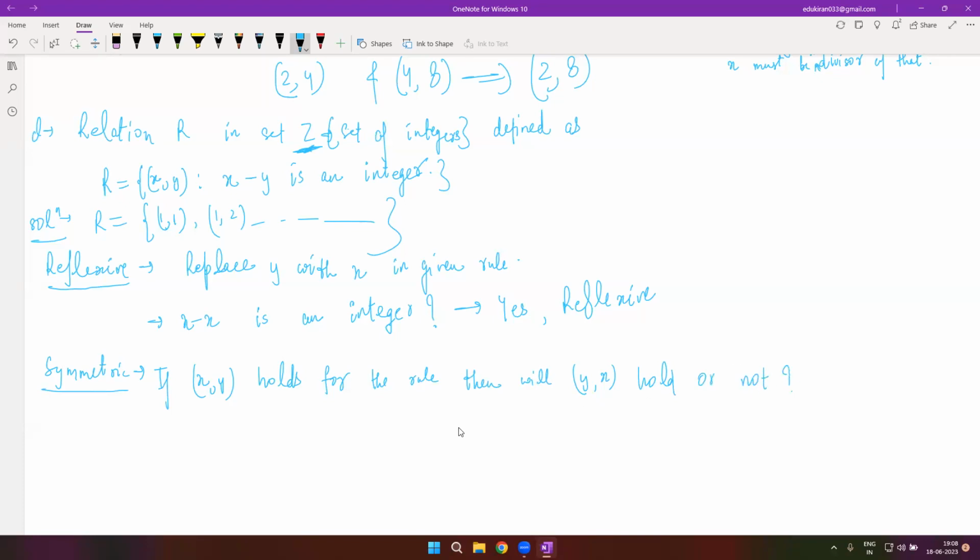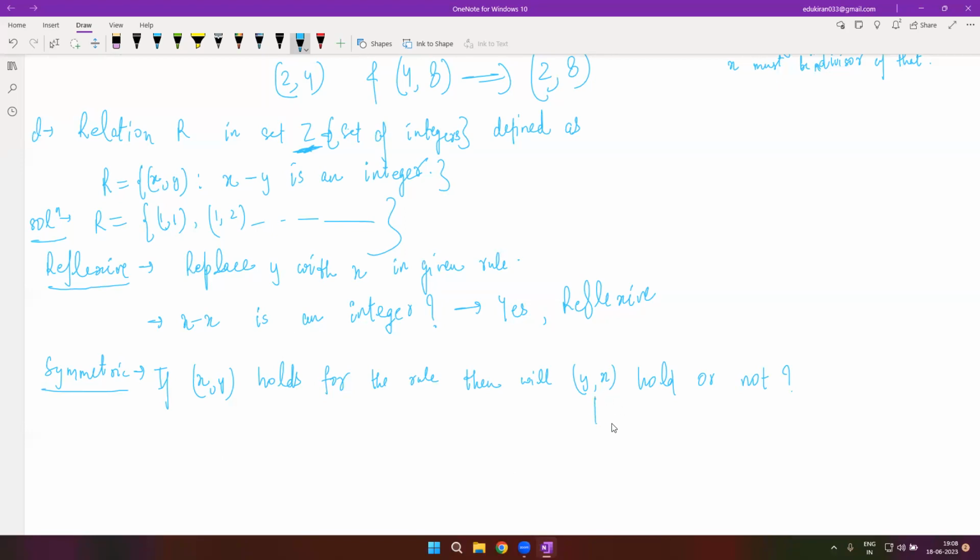So you have to check if x comma y is satisfying the given condition. It means that x minus y is an integer, right? So we are taking x comma y to be true. It means that whatever x and whatever y we took, x minus y is an integer, right? So if x minus y is an integer, then y minus x is also an integer.